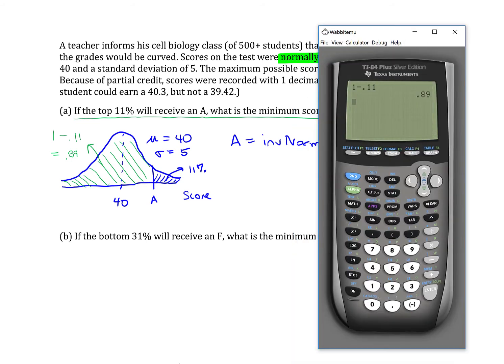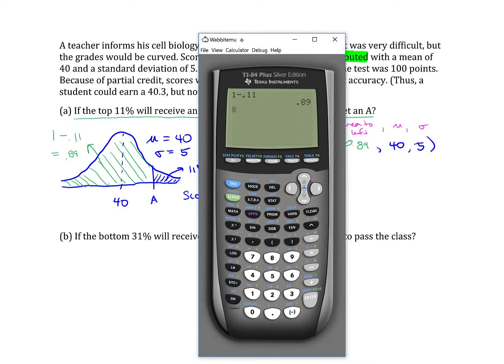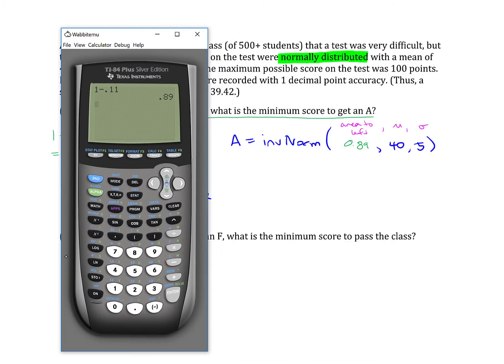Now, when I go to use my calculator to get this value, I hit second and vars, which brings up the distributions menu, and I come down to inverse norm. I give it my 3 inputs, 0.89, 40, and 5.